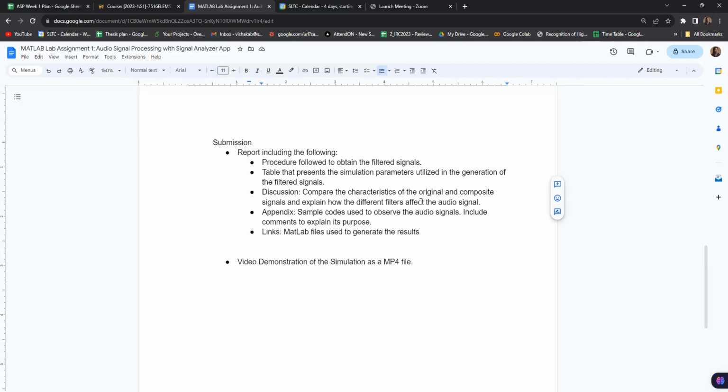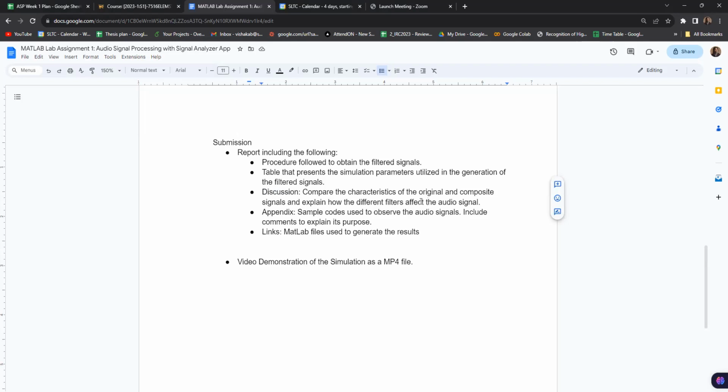I haven't told that now actually, but you can discuss the frequency components in the final composite signal and the frequency components in the original signal. Now once we have filtered the signal, some frequency components do not appear there.